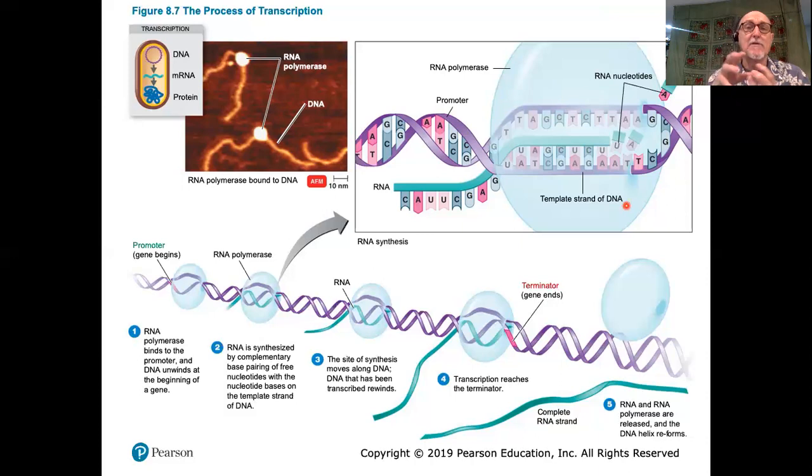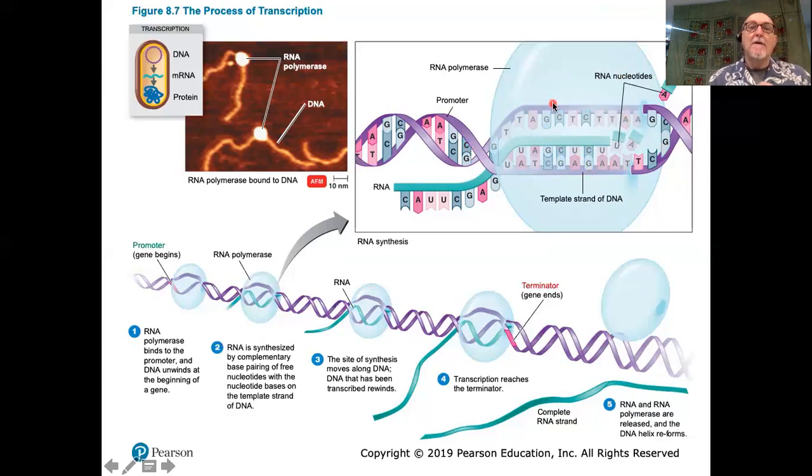In a similar way to the DNA replication factory, it's going to run down a strand and it's going to open it up, but it only opens up a little bit. Doesn't open up nearly as much as we would with a replication fork, and the opening is very temporary. The strand simply heals up behind the polymerase as it moves along, as it moves down.